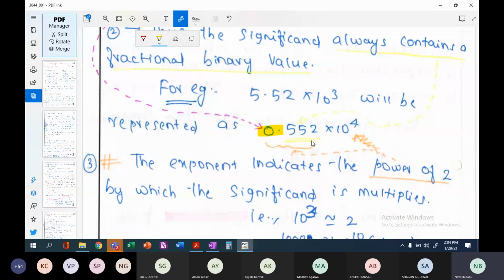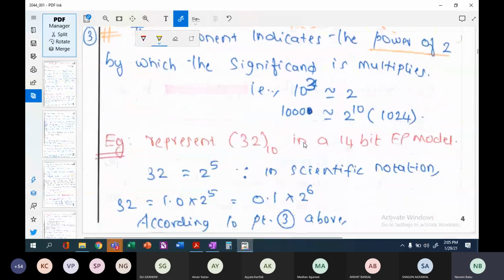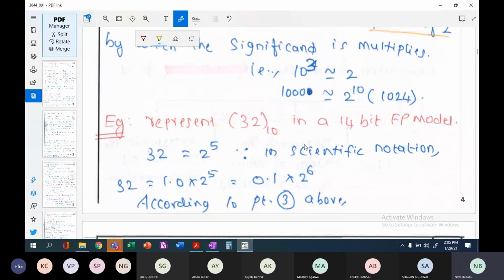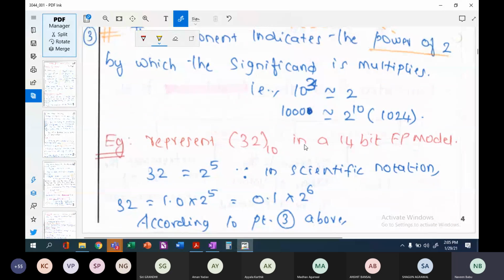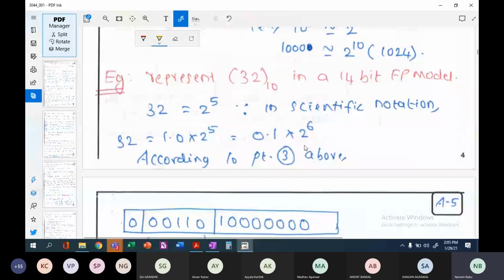Which means that we are moving the decimal point towards the extreme left hand side, and then we are adjusting the exponent side. But this is in terms of decimal representation. In terms of binary representation, all we are interested in is ones and zeros. So what we do is, for the decimal value, we try to find the closest binary value representation, and then accordingly we manipulate.